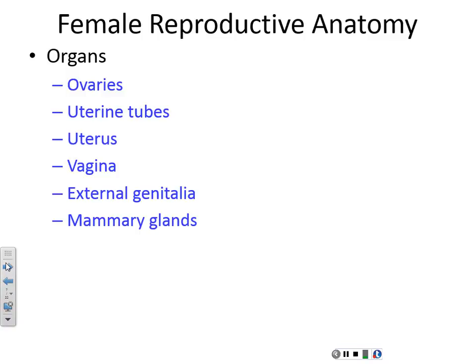Again, we gotta know the organs, and I'll go through the female ones, one by one later on. But these are the primary organs, the ovaries, and I'll talk about them later when I talk about the ligaments, because I might ask about that in the exam and say, okay, can you tell me the ligaments that suspend the ovaries in the abdominal pelvic cavity, right?